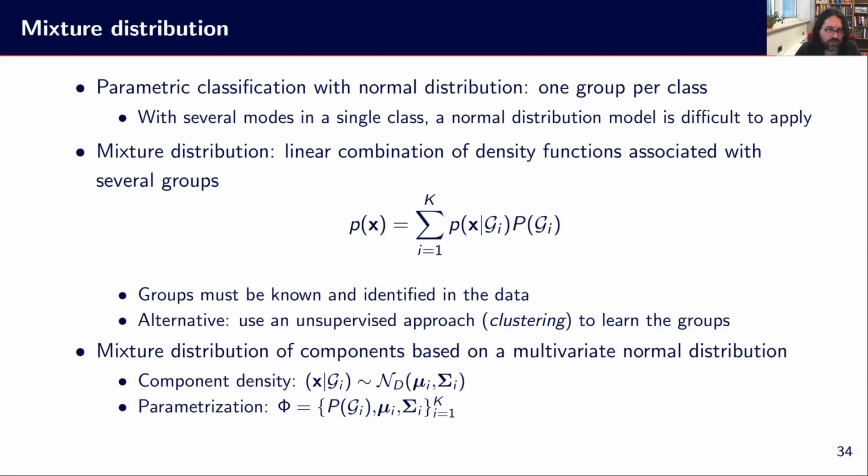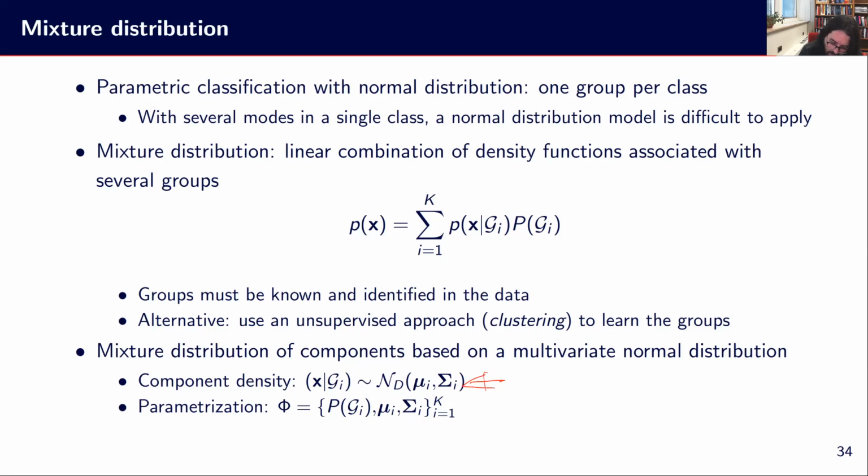So if we're looking more specifically at multivariate normal distribution, so mixture distributions with components based on multivariate normal distribution, we've got the component density, which is described. So for one component, we have directly a normal distribution.